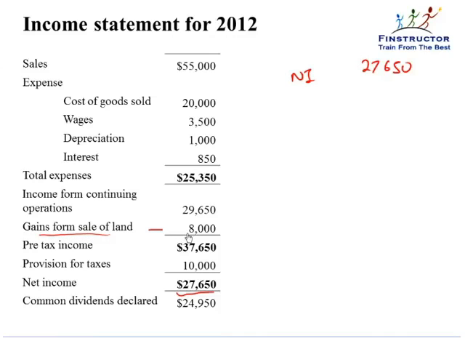Even if this gain came in as cash, it is not an operating activity. Sale of land would be an inflow from investments. So this net income has $8,000 contributed from this gain, which needs to be knocked off. So we reduce the additional gain on sale of land and make an adjustment of minus $8,000.